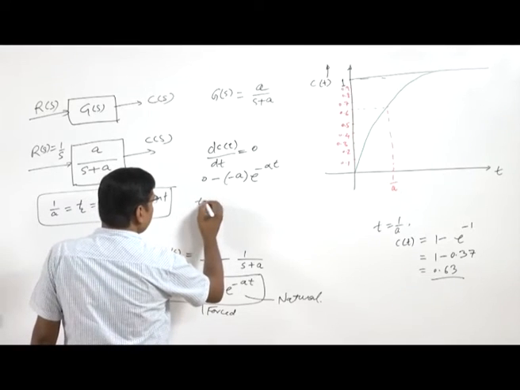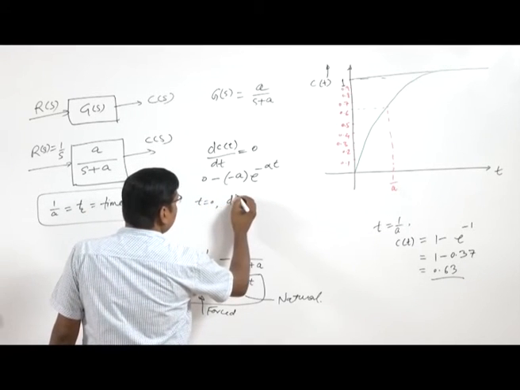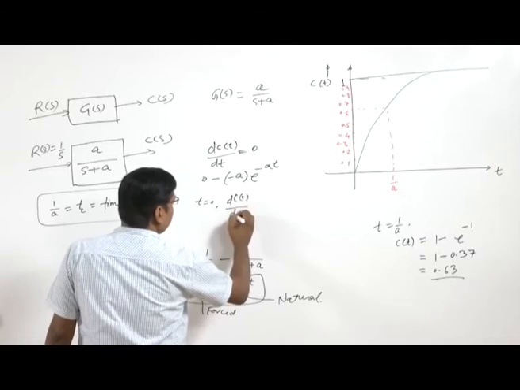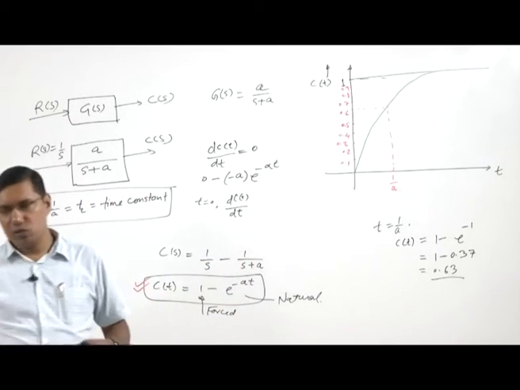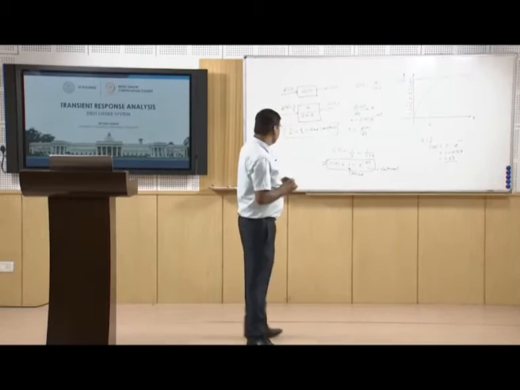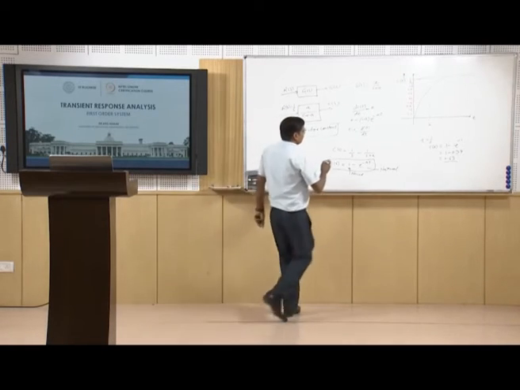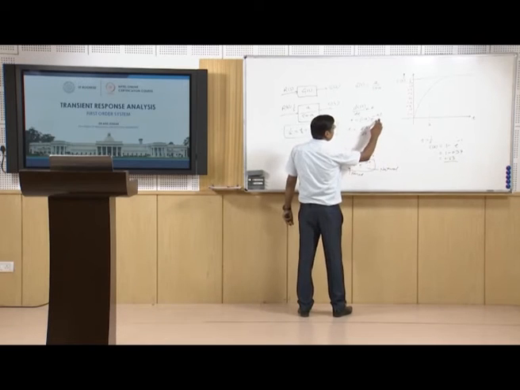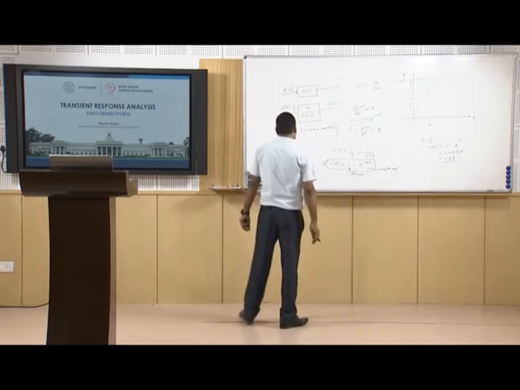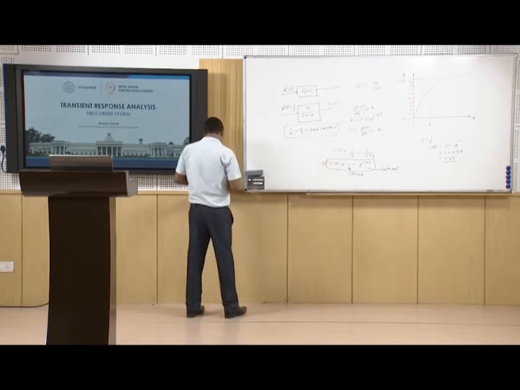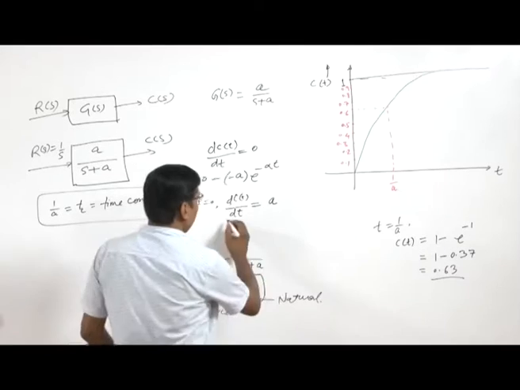So, at t equal to 0, dc(t)/dt is the slope of this response c(t). At t equal to 0, we are getting dc(t)/dt equal to a.